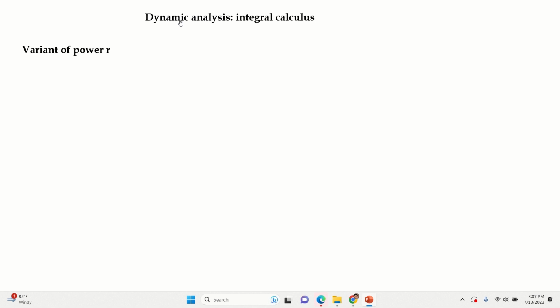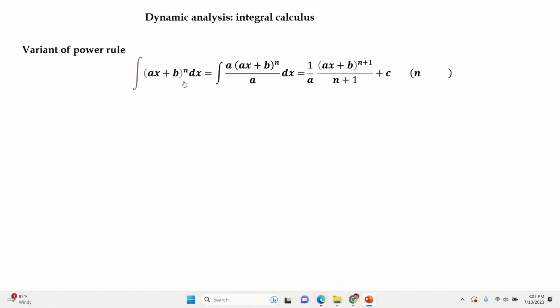We have one more version of the power rule, and we will use this variant when we have a function of this form. As you can see, we can't use the power rule here, and neither can we make this additive. So here is a new rule for a situation like this.